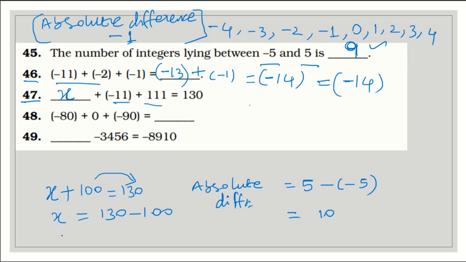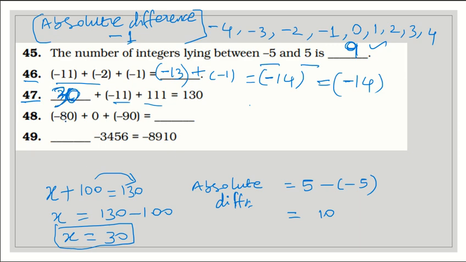So x equals 130 minus 100 is 30. So plus 30 is the right answer.